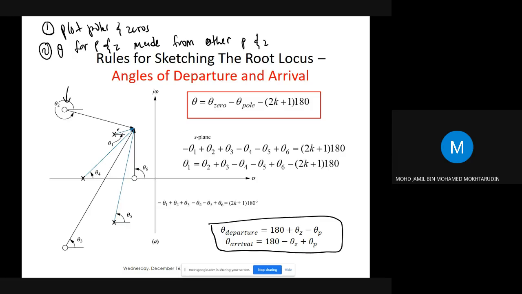To find the angle of departure for this 0 here, basically you need to find the angle made by the other 0 and pole to this 0, okay? So you need to find the angle here, this angle, and this angle, and also this angle that made to this 0. Okay, let's look at example ada tak?